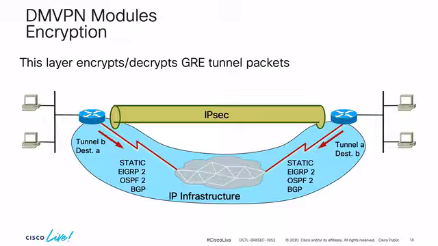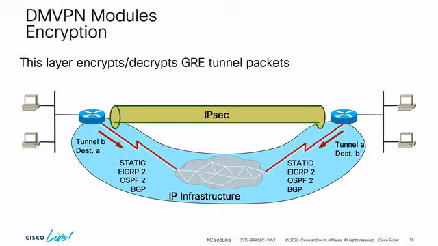The common issues we've seen in that module are not allowing traffic related to DMVPN on the firewalls or the ISP routers. In this case, we've seen UDP 500 or IP 50.